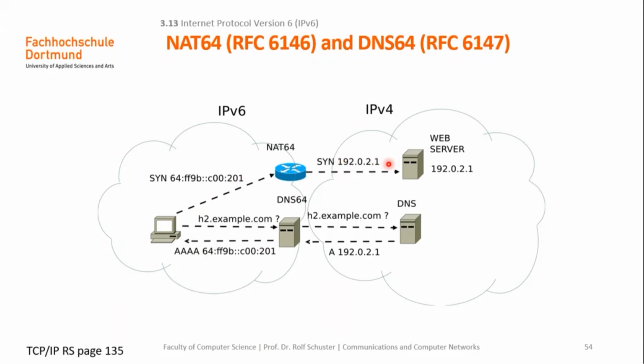And when the responses come from the web server, coming from this IP version 4 source address, in this device, the datagram will be transformed in order to map this IP version 4 source address to this other IP version 6 source address.